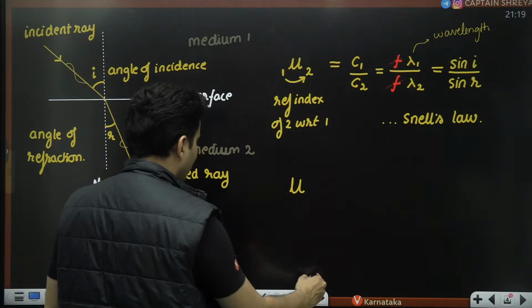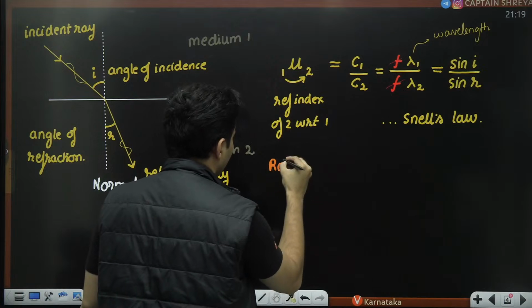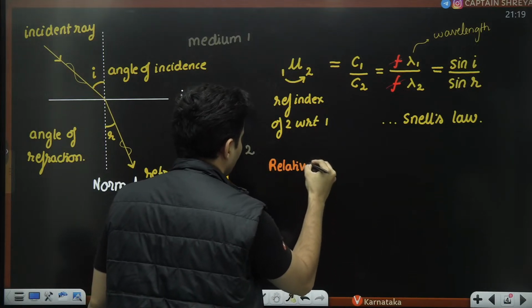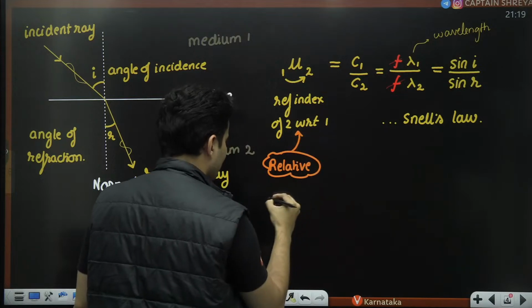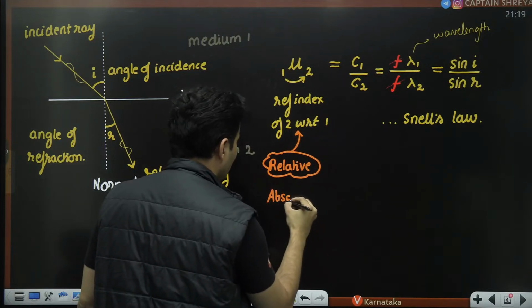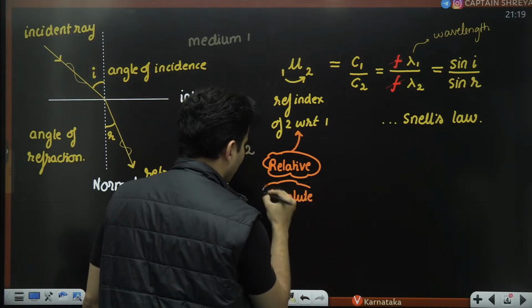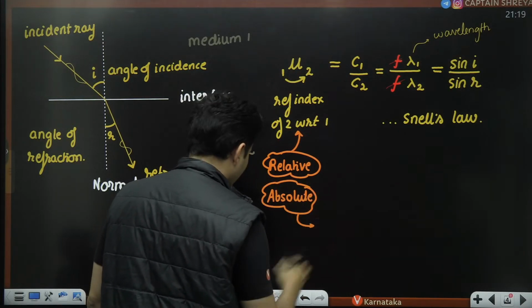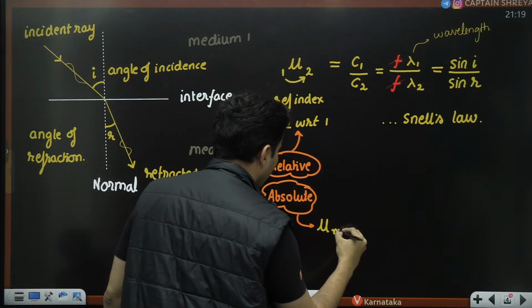So coming to the point over here, this one is relative. This one is basically relative refractive index. But when you want absolute refractive index, then you just write it as something of that particular thing.